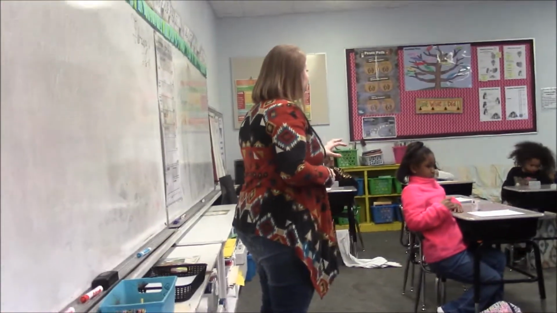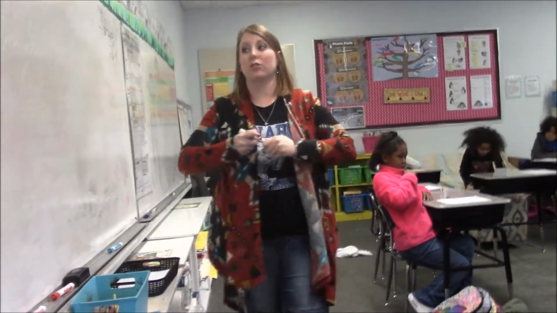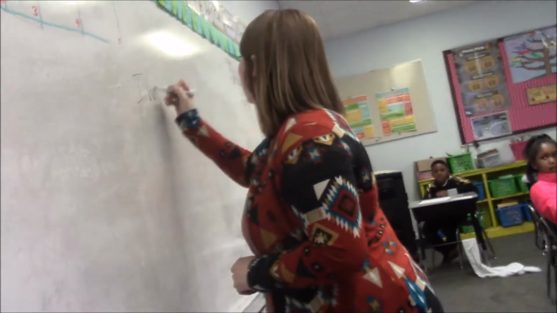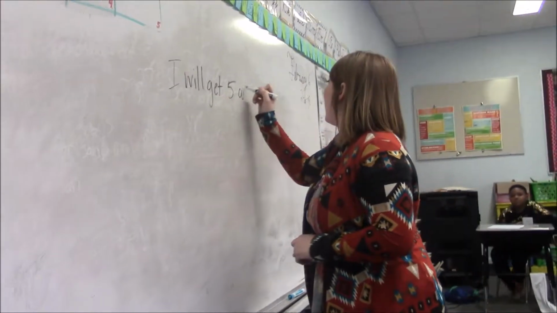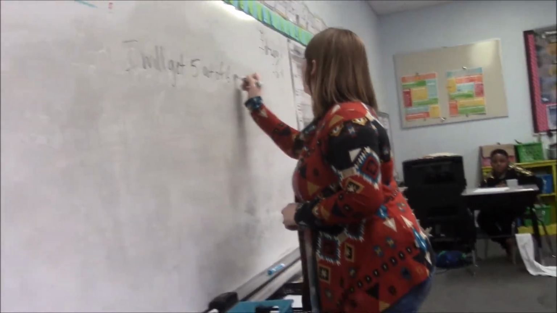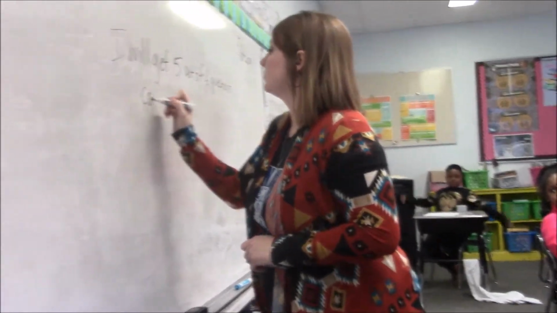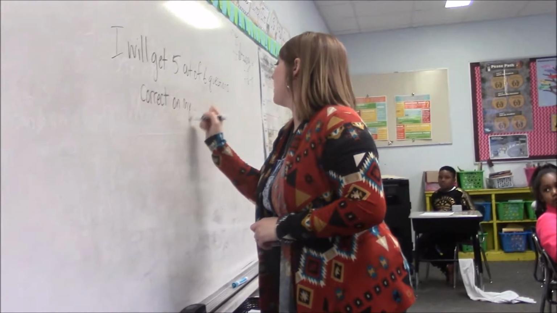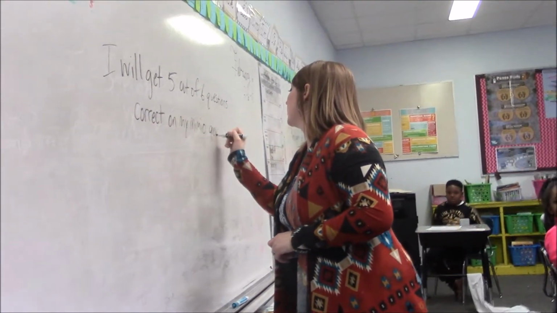Each individually, you want to get 5 out of 6 correct. Okay? So our goal is that I will get 5 out of 6 questions correct on my Mimeo quiz.